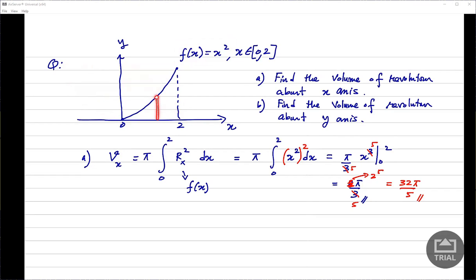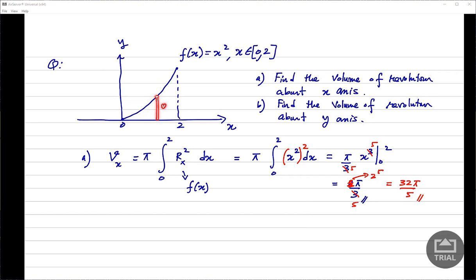So this distance is given by y, which is x squared. So what about this distance here? This is x, right? So you have to say x is equal to what? That would be the distance.